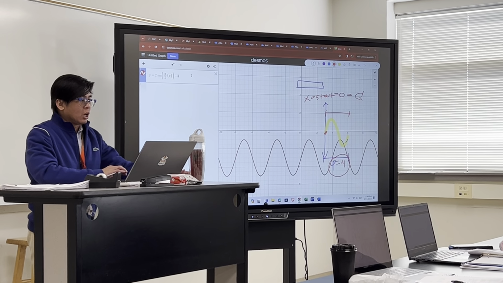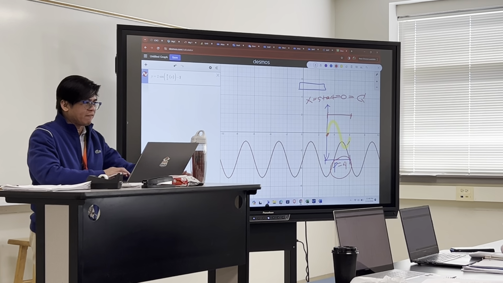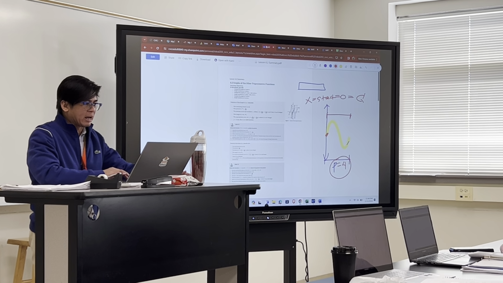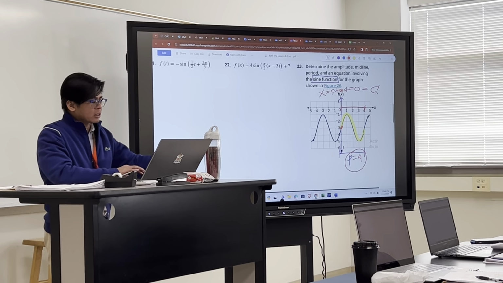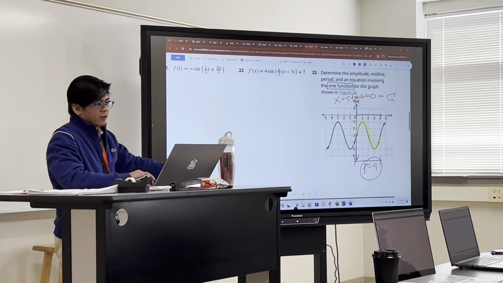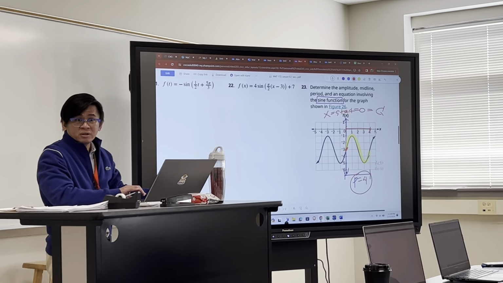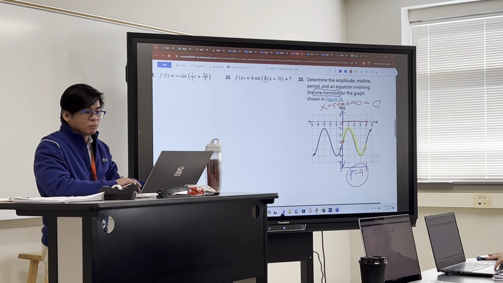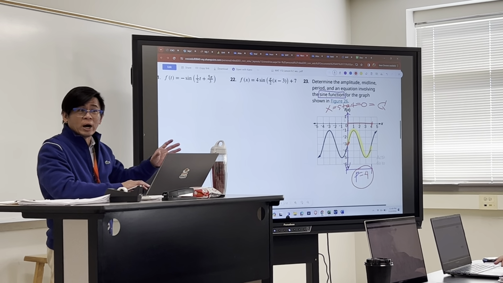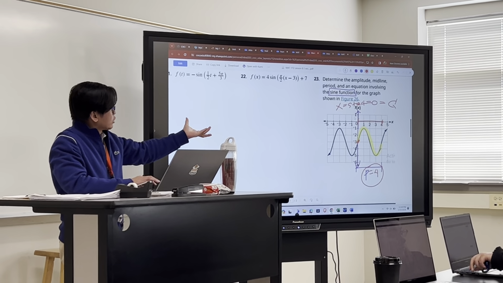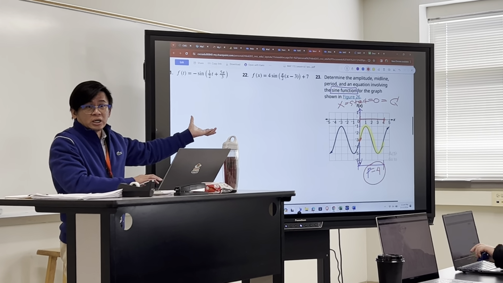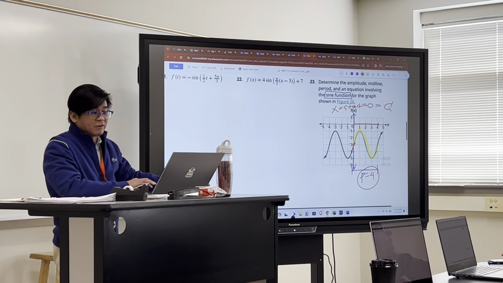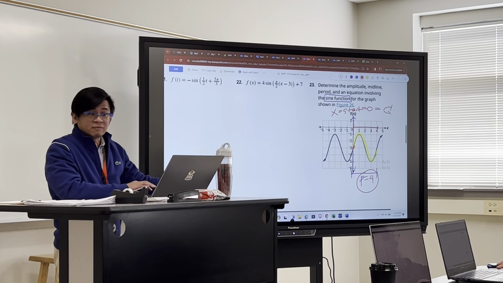Now, how do we do this? How do we graph it accordingly? According to the graph, it looks like you want your X to be from where to where? Negative 5 to 5, right? And you want your Y to be negative 6 to 1, right? So you want to see a graph that's similar to what you're seeing in there. So X, negative 5 to 5, Y is negative 6 to 1.